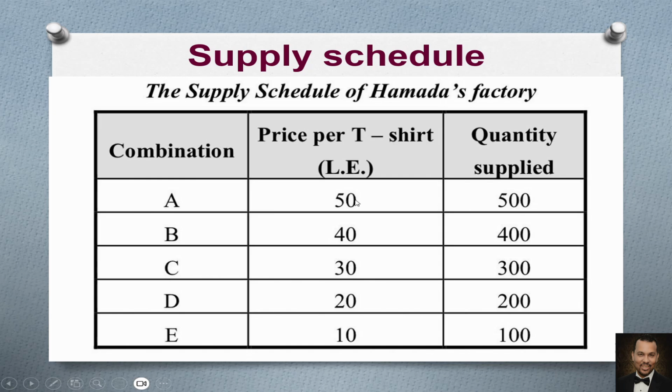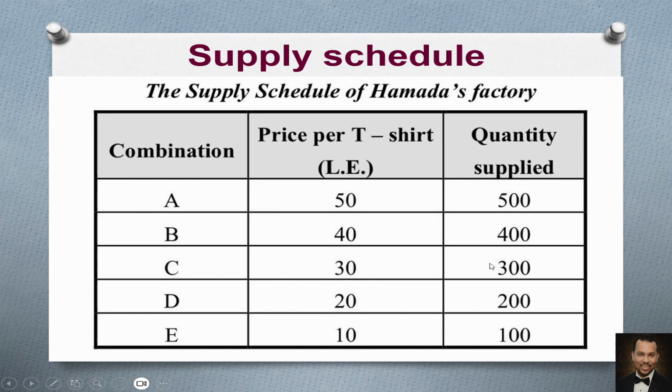When the price decreases from 50 to 40, bad news for the producer, so quantity supplied decreases from 500 to 400. Another decrease from 40 to 30, yes, bad news, and the producer decreases quantity supplied from 400 to 300.